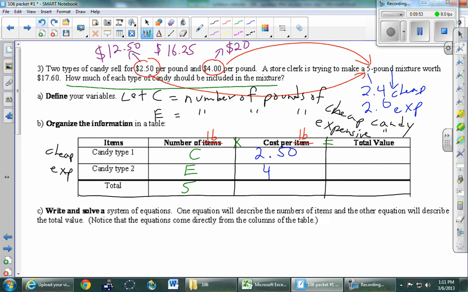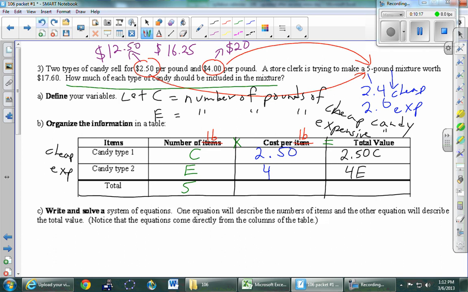So we just multiply straight across. It's going to have a variable in it. It's C times 2.50. I'll write the 2.50 first. 2.50 times C. In the next blank, for E. And then again, we want a total. It's going to be a number.